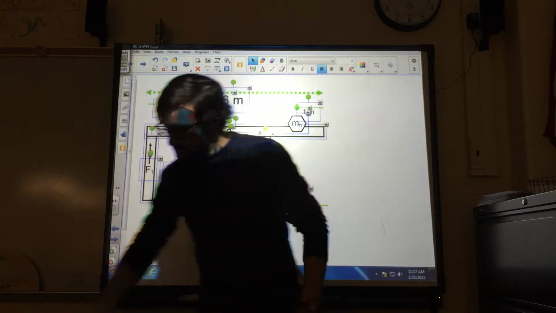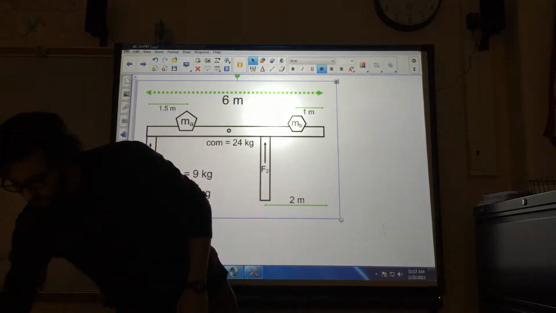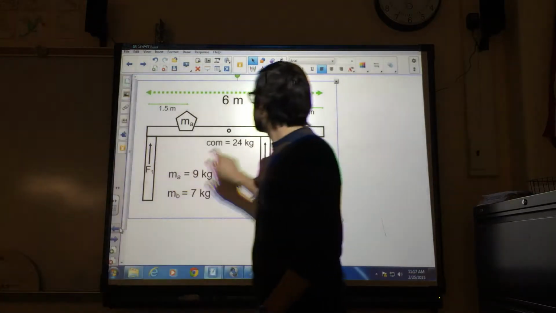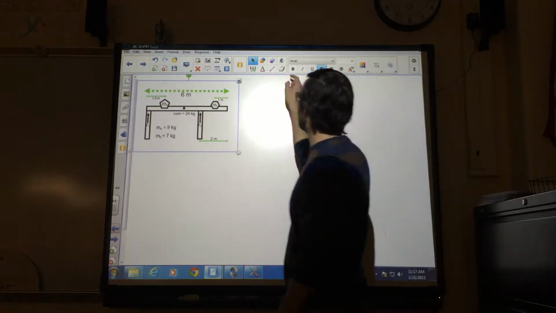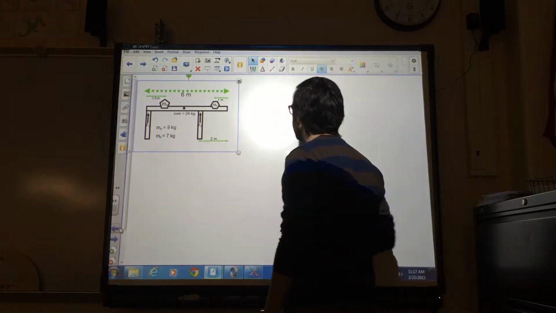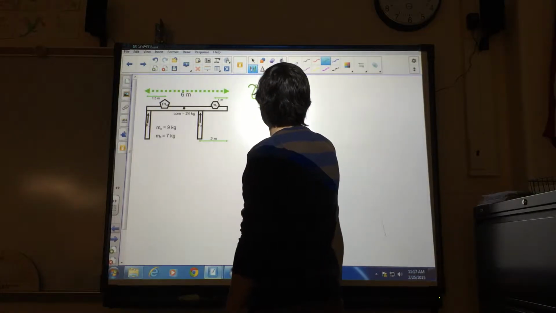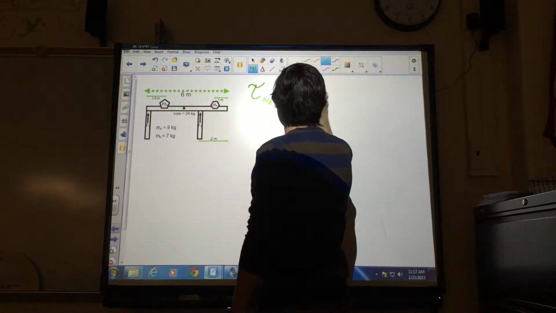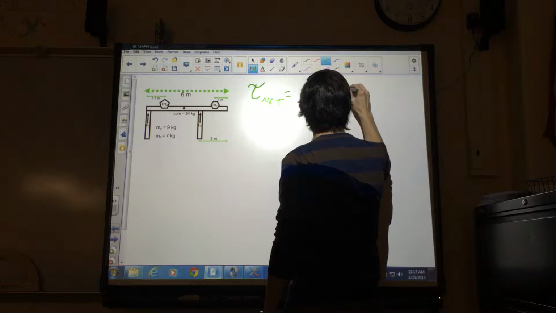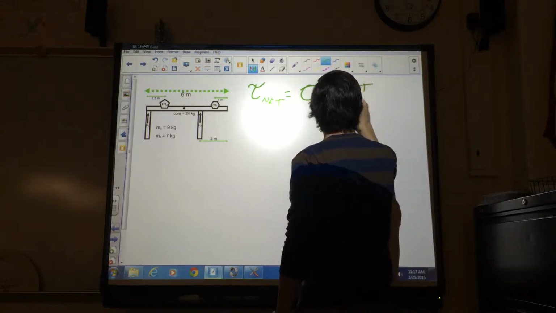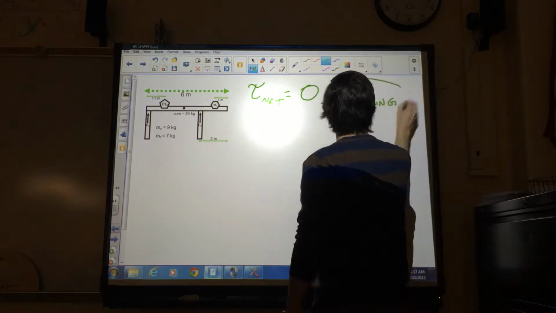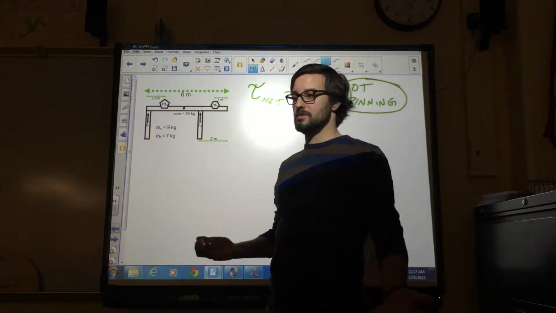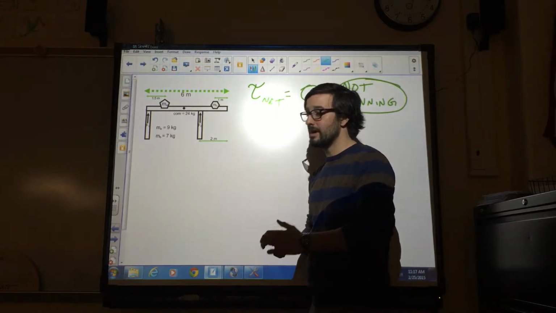So here's our setup, and what we know is that the net torque is 0, because it's not spinning, which would be really, really strange if it were, but it's not.